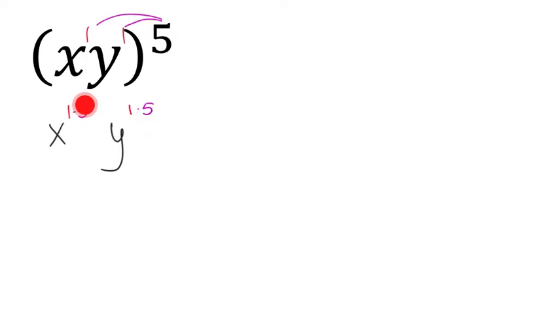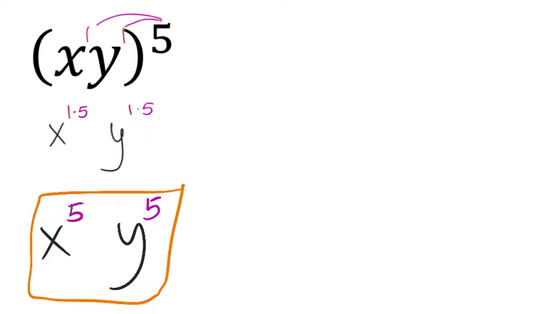So that's why I've got x to the power of 1 times 5 and y to the power of 1 times 5 as well, which then gives me x to the power of 5 times y to the power of 5. And again, that would be all for that one. And by the way, if you want to show that multiplication between, you're welcome to. It's just more work than I want to do as a math nerd.